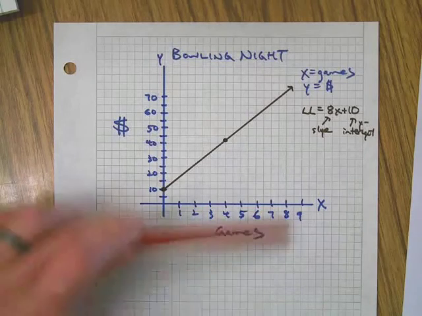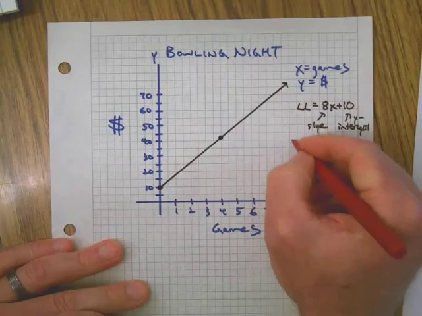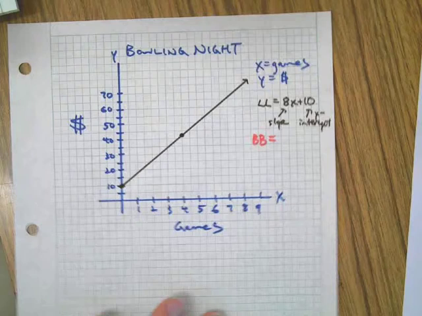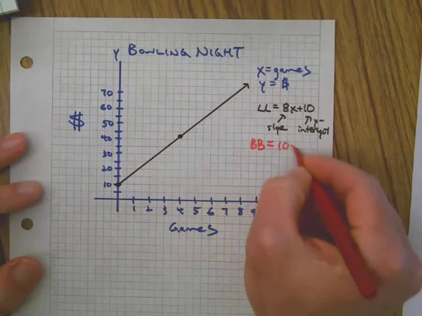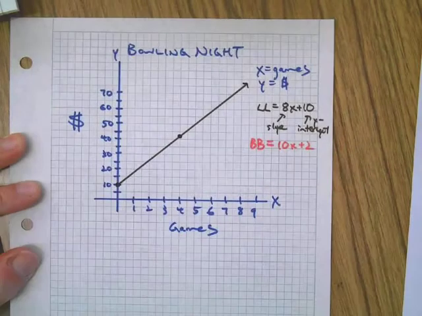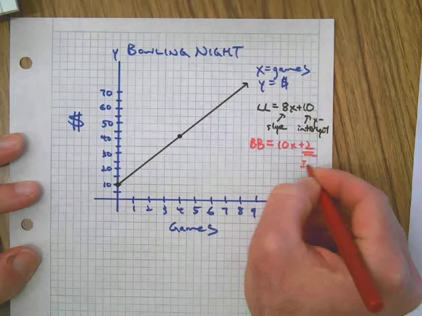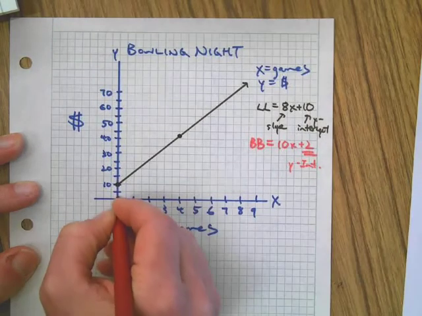Now I'm going to use red, and we're going to do bouncy bowl, BB. Everybody likes some alliteration sometimes. Bouncy bowl is 10x plus 2. Okay, so we're going to start way down here at 2, because that's the y-intercept. Y-intercept, $2. That's the shoes.